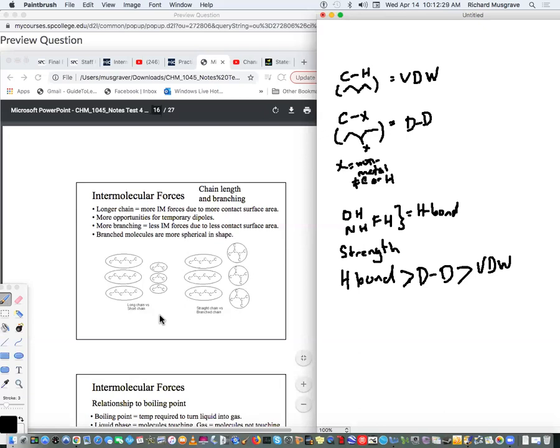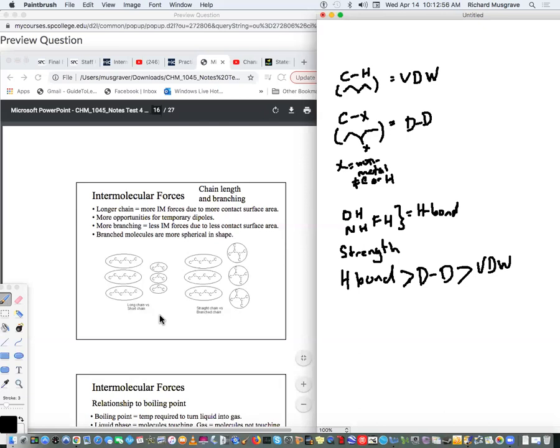Now, branching is a little bit harder to explain, but branching is a situation where we have carbons coming off the main chain. In those instances, instead of the shape of the molecule being sort of like a cigar, it becomes more like a sphere. So what happens is that affects the way that the molecules can pack together. So here's what I want you to imagine.